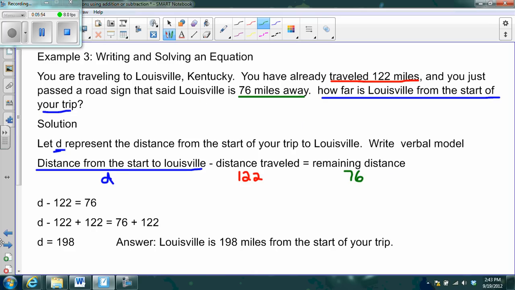So then we can write our equation: D minus 122 equals 76. We can then add 122 to both sides and get finally that D equals 198. But it's a word problem, so we need to make sure we say miles from the start of your trip, or at least miles as the label. Those are the only 3 types of problems in this section.